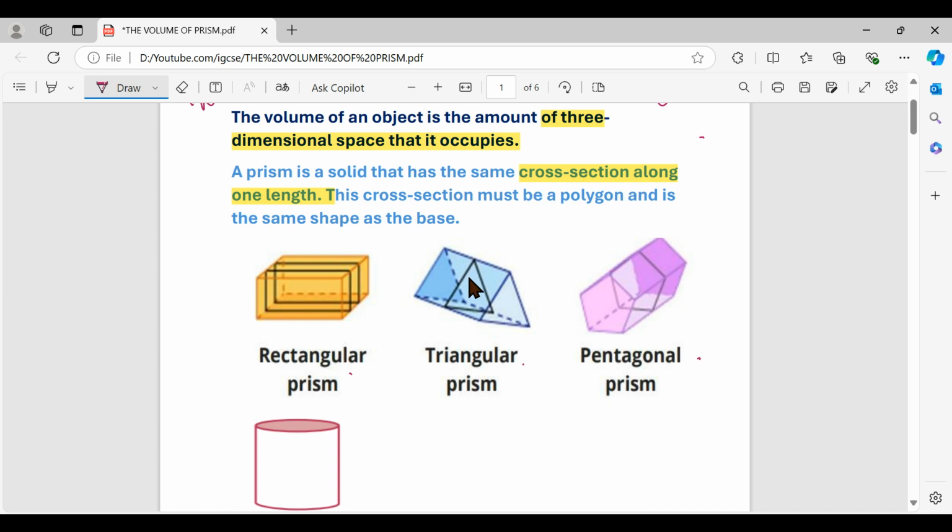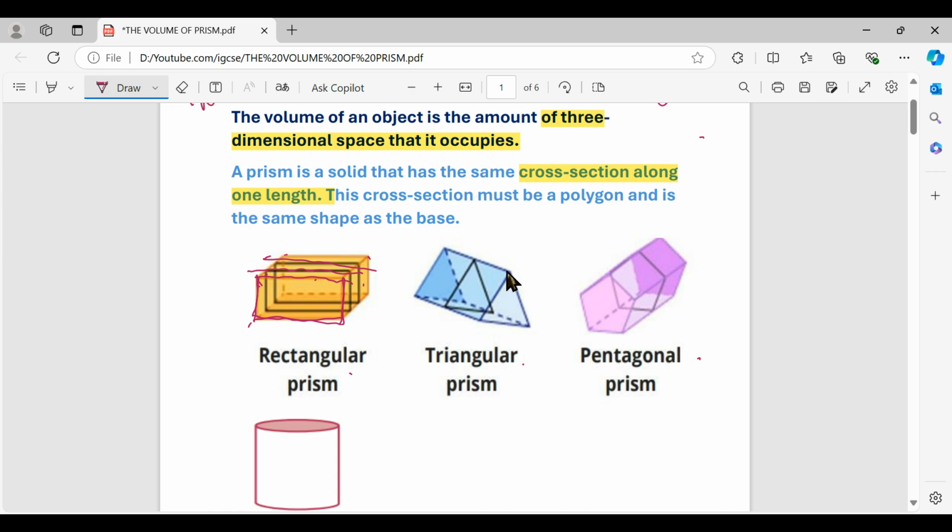Now let's see what is the cross section. You can find that in this prism we have a rectangle here, and then you can find this rectangle throughout. At this end also you can find the rectangle. When you slice it in between, you will find the same rectangle everywhere.